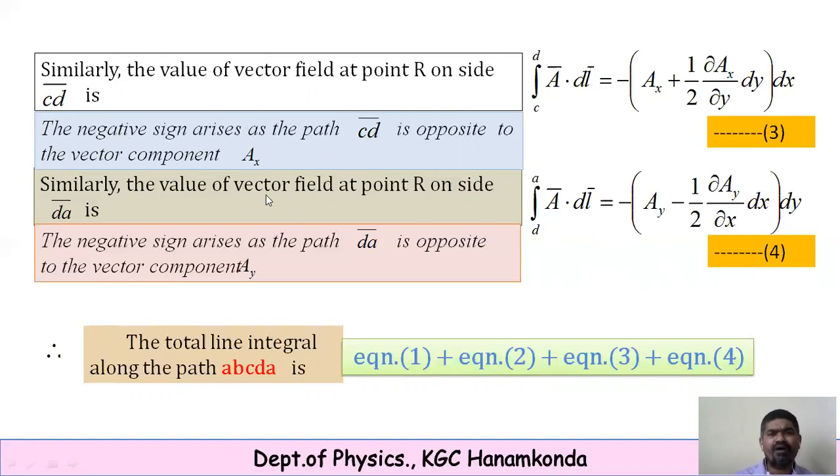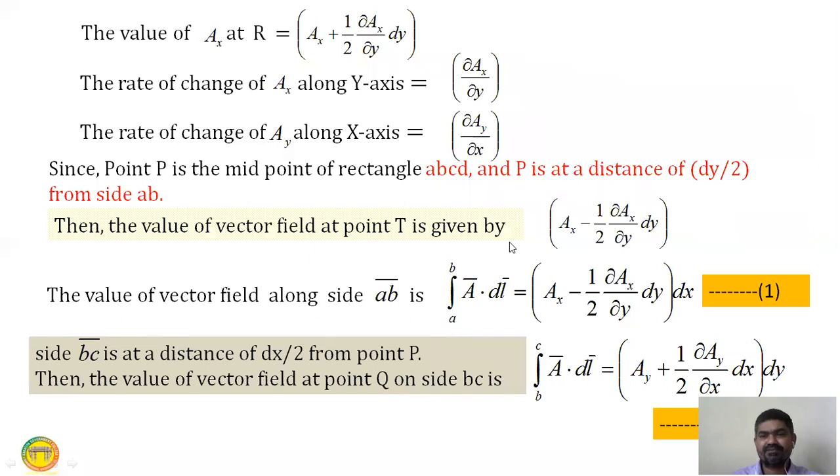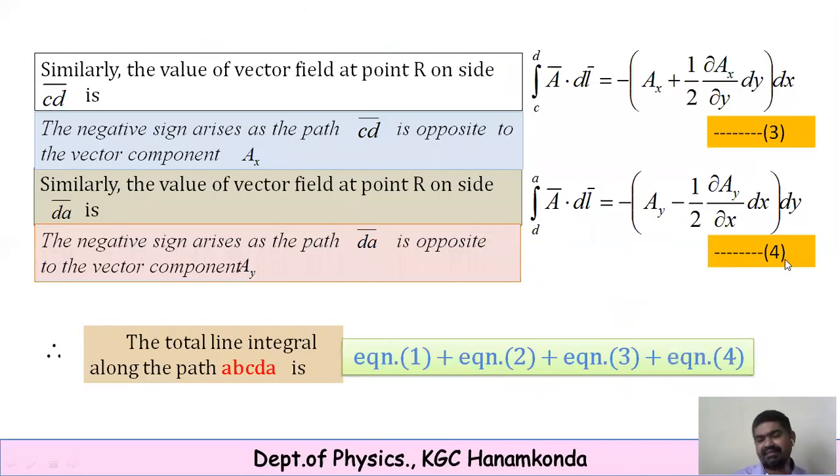Similarly, the value of the vector field on side DA at S is given by the value at S, that is AY minus 1 by 2 into dou AY by dou x into dx, into this length, that is dy. This is taken as equation 4. From D to A, the line integral value will also be in the opposite direction of AY, because DA is in the opposite direction of AY.